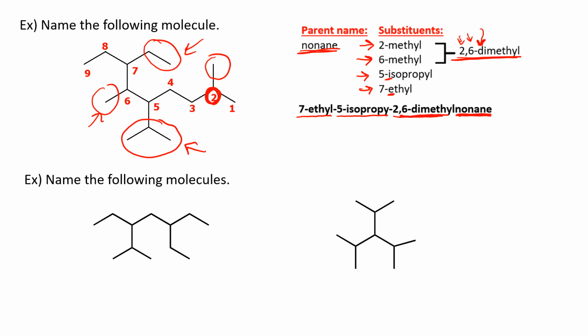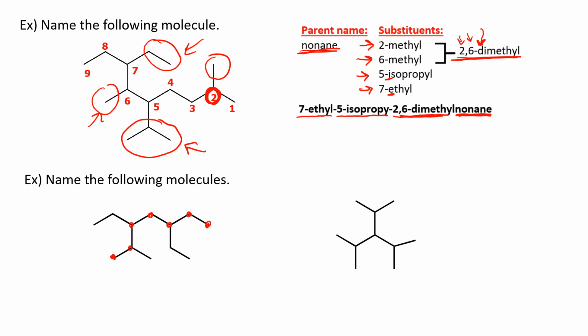All right, hopefully you were able to give these a shot. Now, first we have to identify the longest parent chain. 1, 2, 3, 4, 5, 6, 7 carbons in a chain. If you started over here, you would have seen that you'd have fewer substituents.